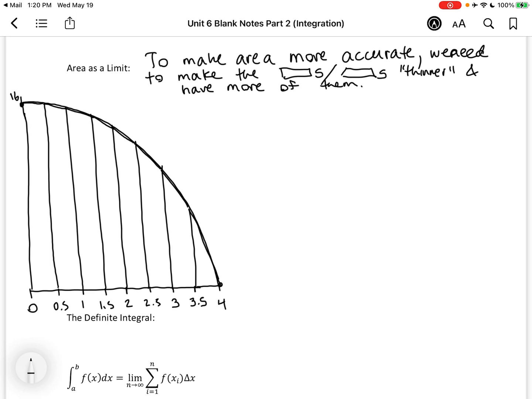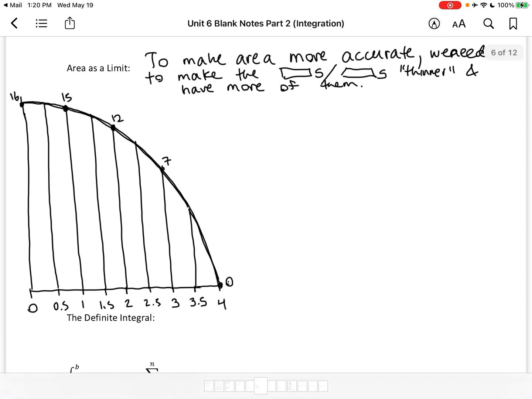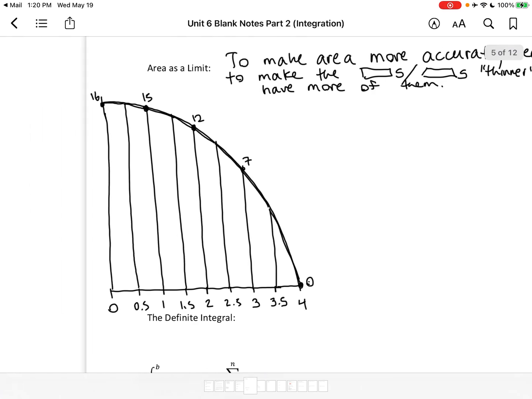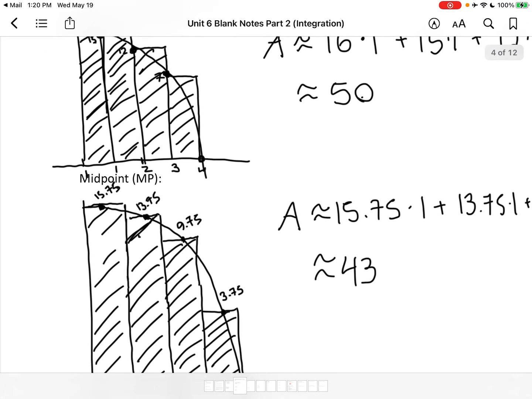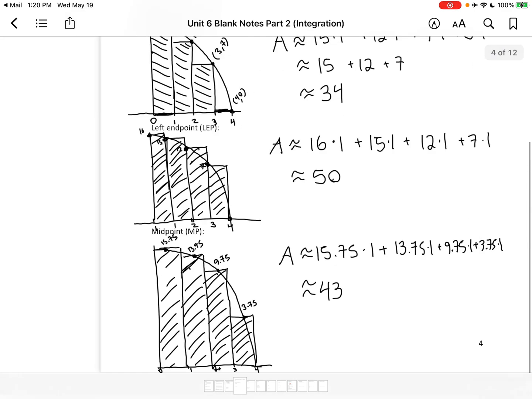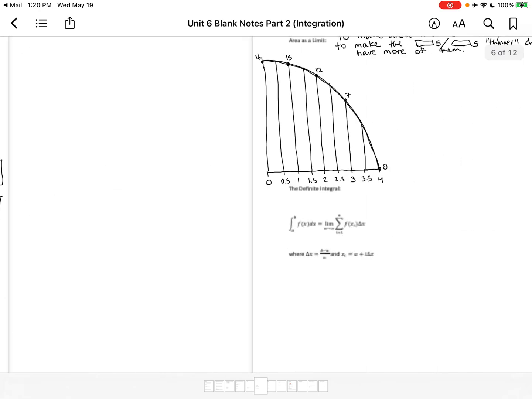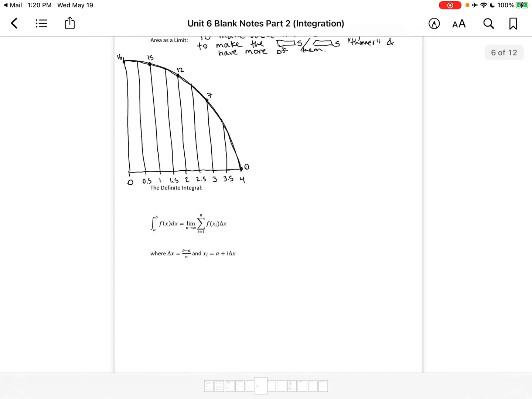And we know these y values. This one's 16, this is 15, this is 12, this is 7, and this is 0. And then we got the ones for the half values over here when we did the midpoint. So those are 15.75, 13.75, 9.75, and 3.75. So I'll fill those in as well.